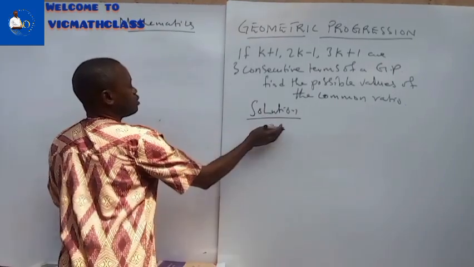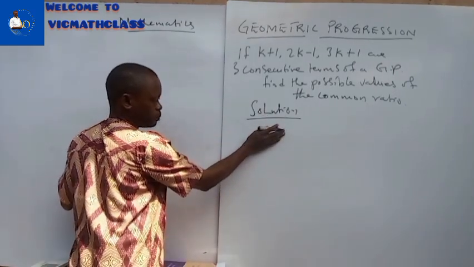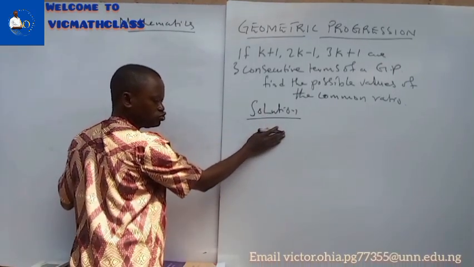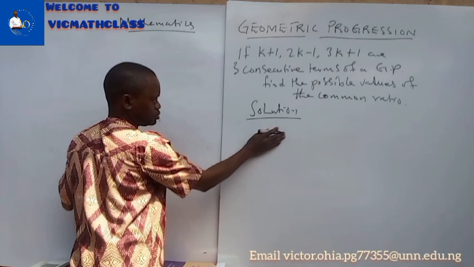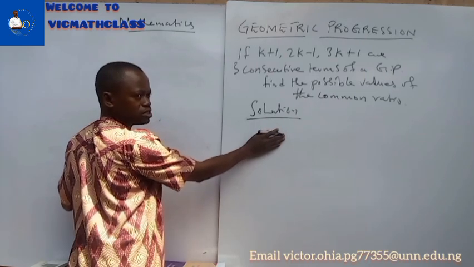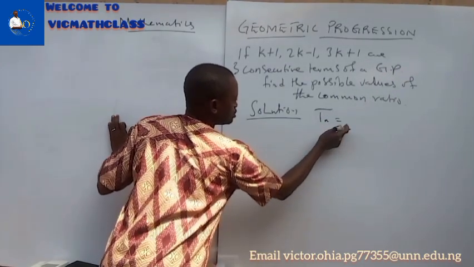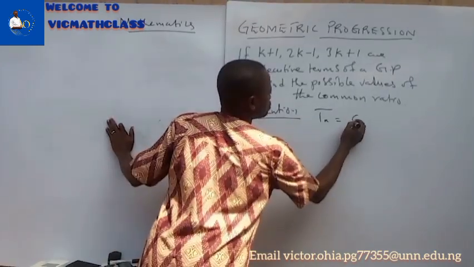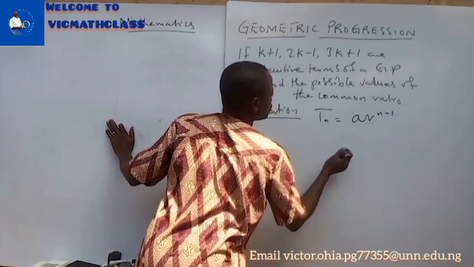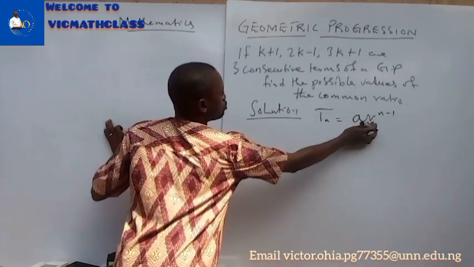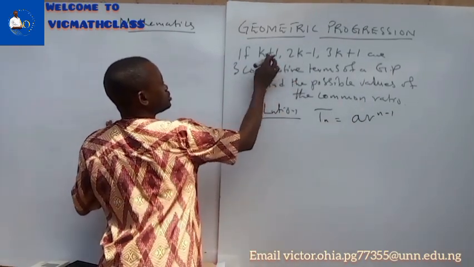Okay. Now, you know from our previous classes in geometric progression that the nth term of a geometric sequence is given by Tn equals ar raised to power n minus 1, where a is the first term. The common ratio is the ratio of this and this.